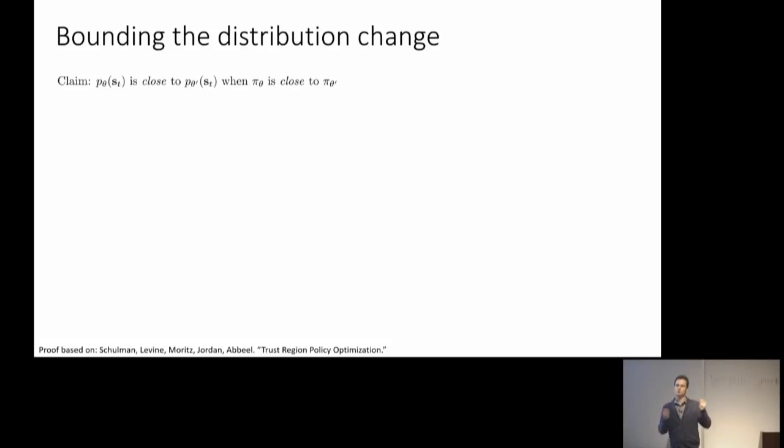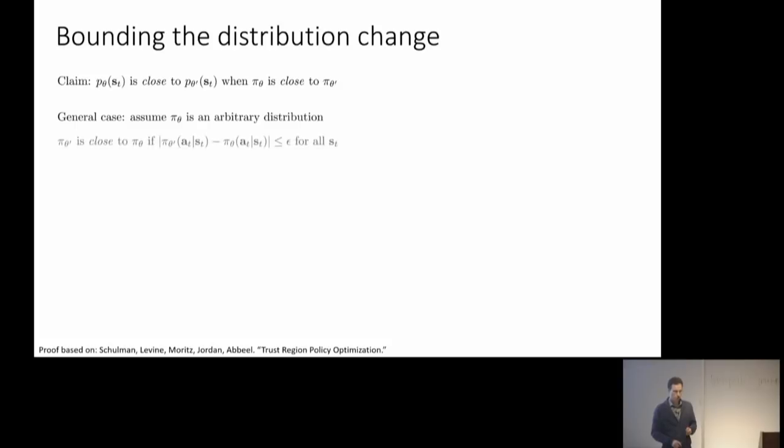We need a different definition for what it means for the two policies to be close together. So pi theta is now an arbitrary distribution, and we're going to say that pi theta prime is close to pi theta if the total variation divergence between these distributions is bounded by epsilon for all states. The policy is a conditional distribution over actions, so this is total variation divergence between action distributions. So this needs to be true at all states.